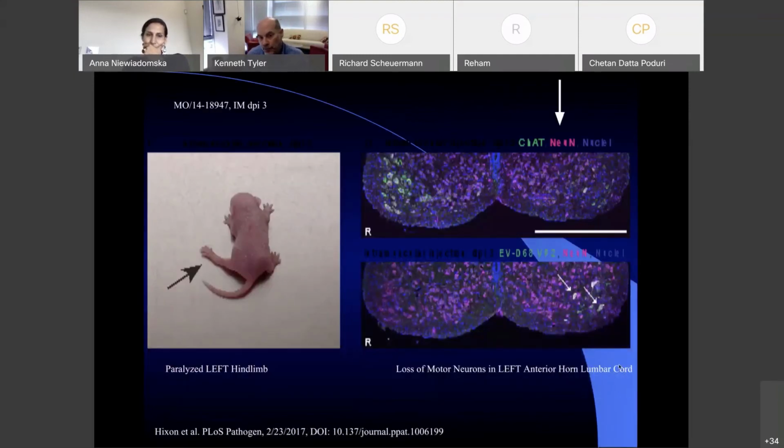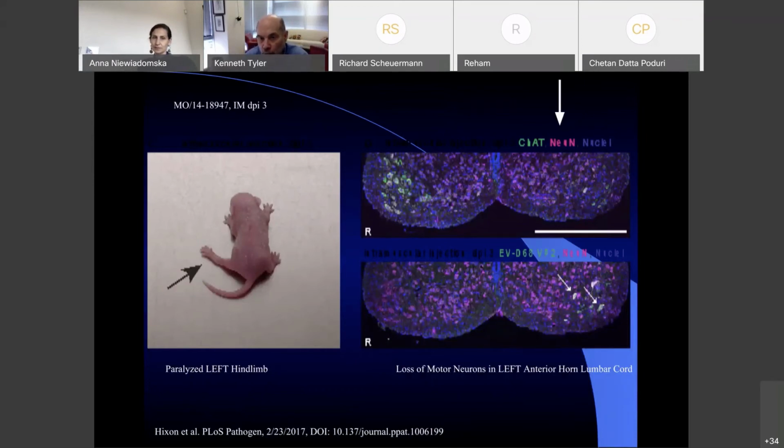And there was a wonderful correlation between the clinical pattern of paralysis in the mice and the pathology. So here you can see this poor mouse had a paralyzed left hind limb. This was with another one of those 2014 strains from Missouri, and the black arrow was just to remind me it was his left hind limb that splayed out there.